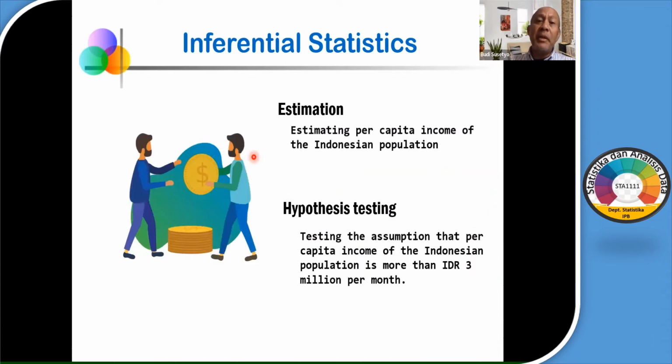So it's different from inferential statistic. In inferential statistic, for example, you want to estimate income per capita of the Indonesian population. We don't know because we don't collect the data from all the population, all citizens, everybody, but we just take some people, collect the data from the sample, and then you estimate income per capita of the Indonesian population.